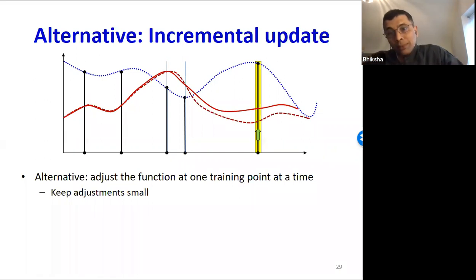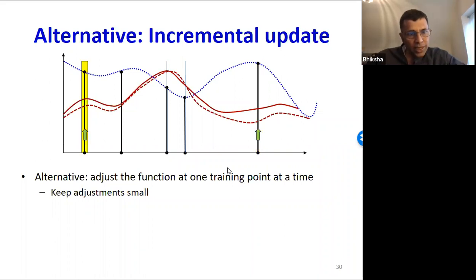So we can computationalize this process. This is the alternative approach where you adjust the function one training point at a time. So instead of trying to adjust the function at all of these points, let's say you pick up just this one training instance, you find that at this training instance, your function is under predicting the target function, you push it up.